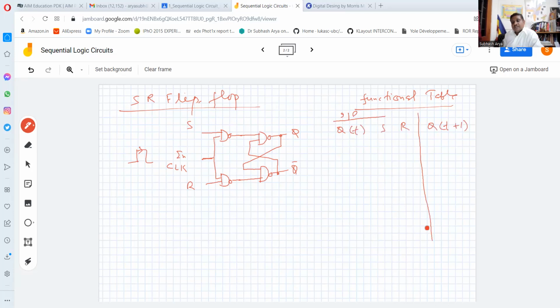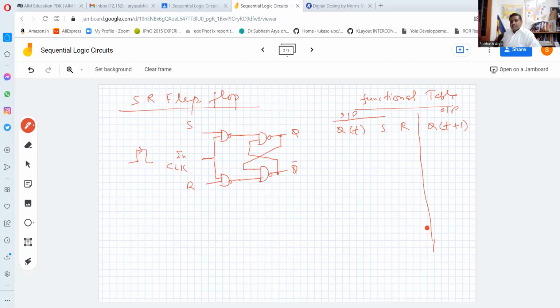Qt means past output, or say present output, and Qt plus 1 is the next output. So we are concerned about that. Now it becomes your 3-bit input. This is the output. I'm not writing Q bar t plus 1. That is understood. We can just write the complement.